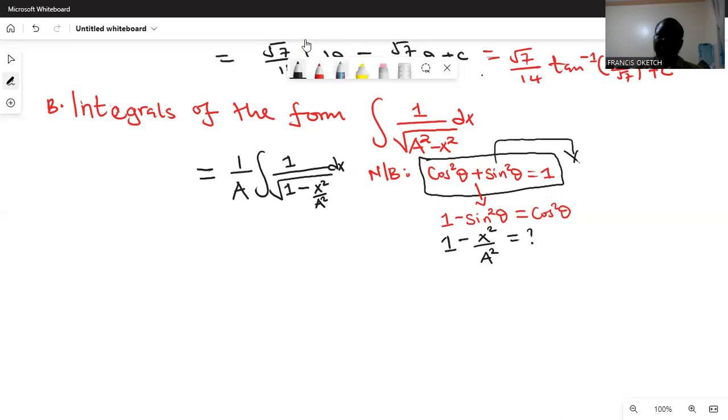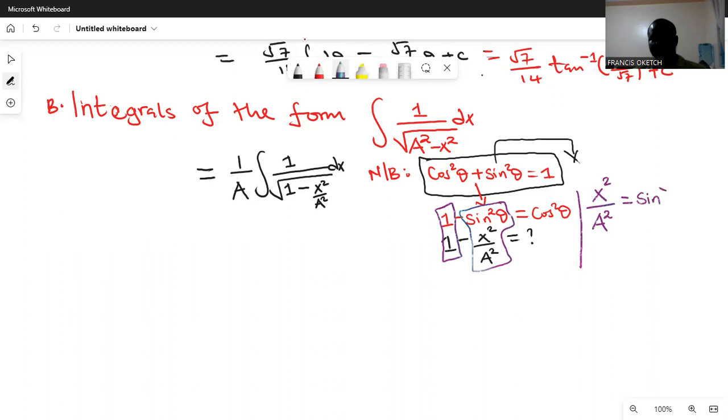Look at our 1. This one can compare with this. Now, we can say that sine squared theta is the same as x squared over a squared. Just a correction. So x squared over a squared gives us sine squared theta.